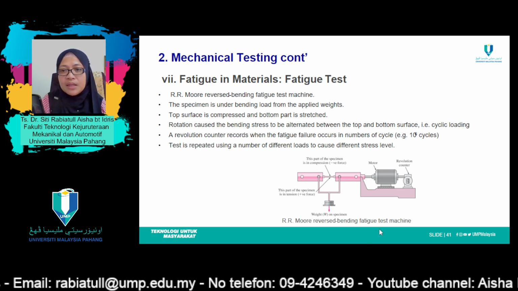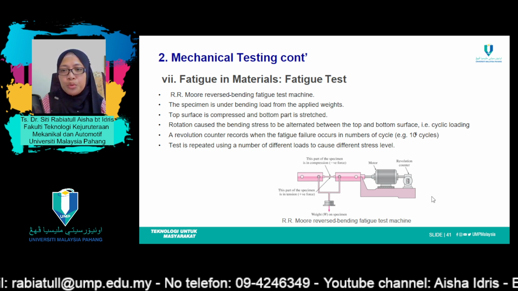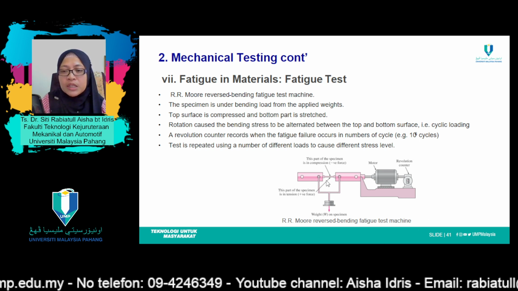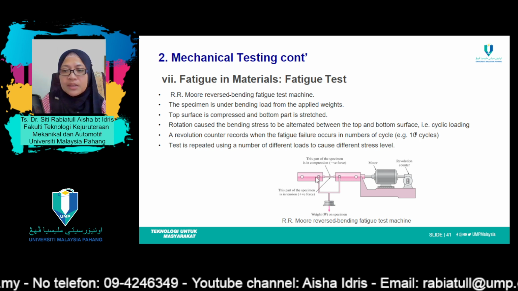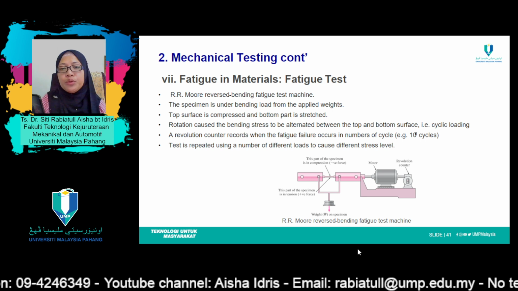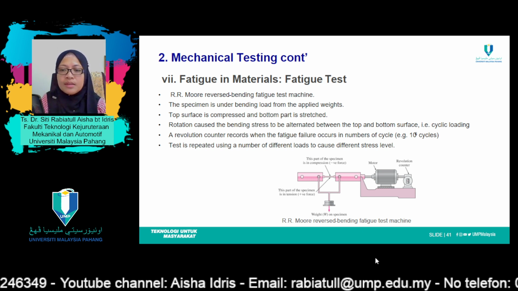And this is the machine used to conduct the fatigue test. The specimen is placed somewhere here, then cyclic loading is introduced to the specimen using this type of machine.